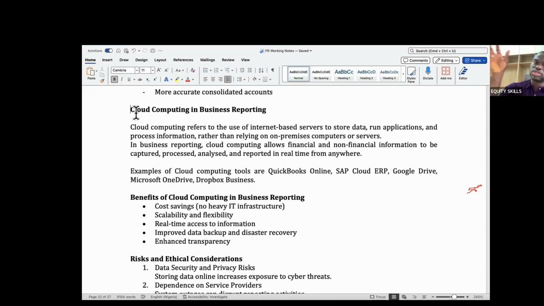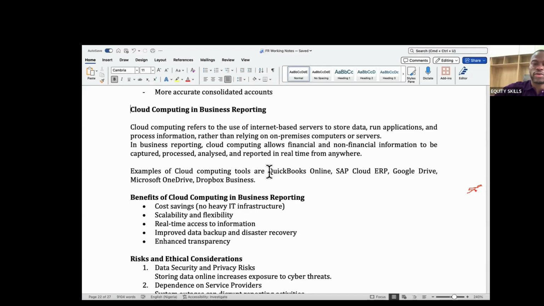So that's cloud computing. It is now internet-based. They use internet-based servers to store data, run applications and process information. So you don't need on-premise computers or servers. It's cloud-based. You just log on to a website and you do your work.